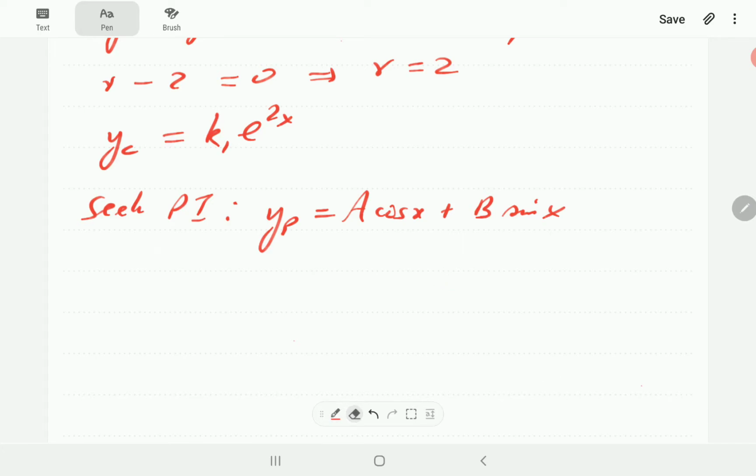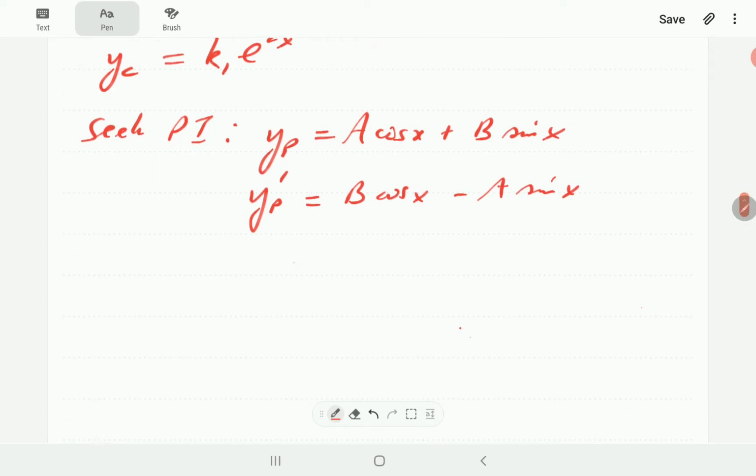The ODE has a first order derivative, so differentiating this once gives us b cosine x minus a sine x.